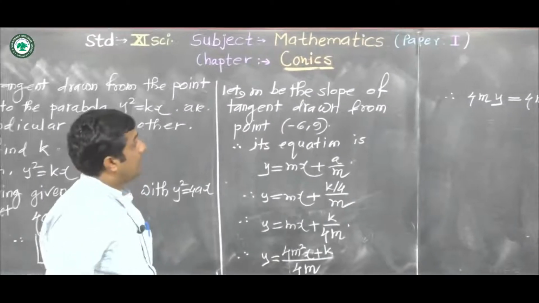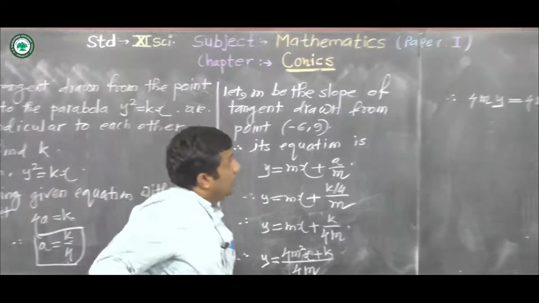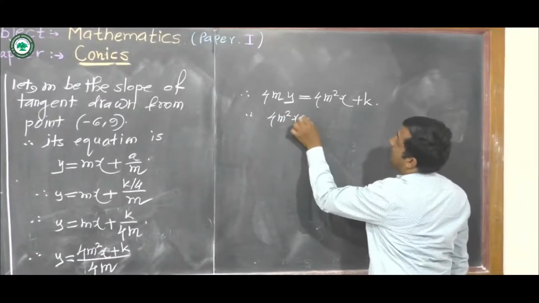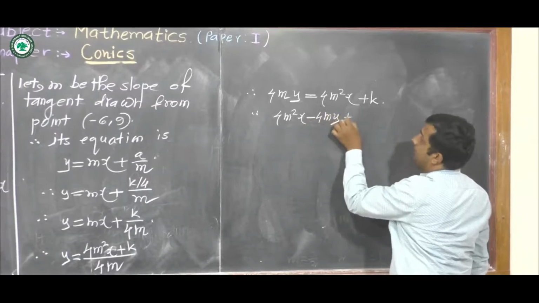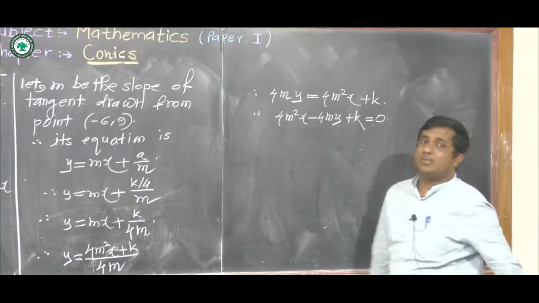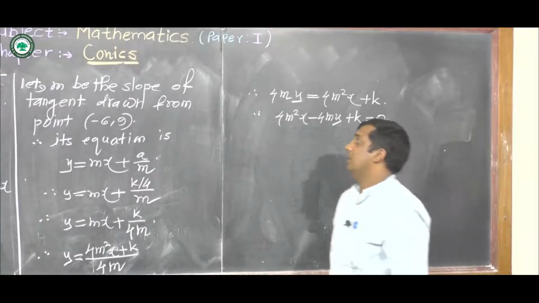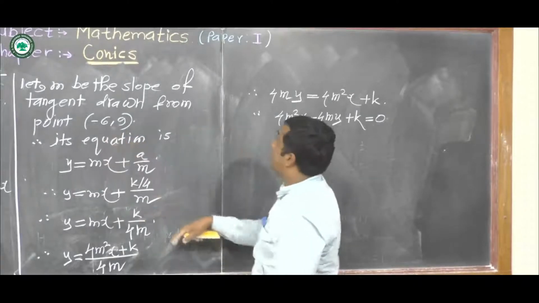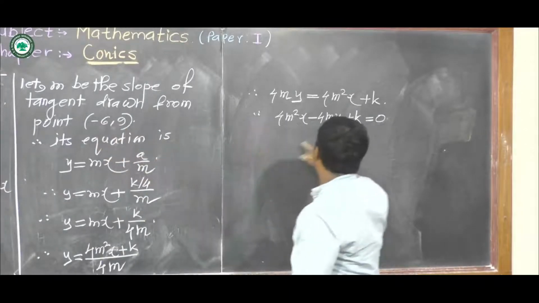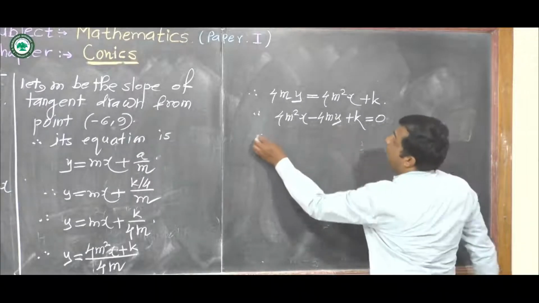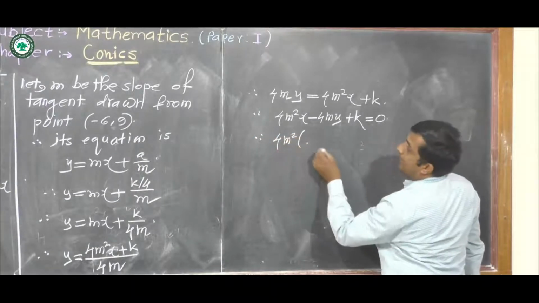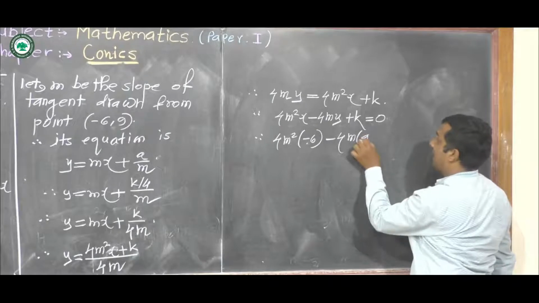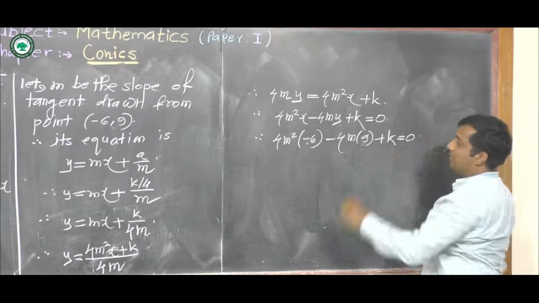Then we get 4m square x minus 4my plus k is equal to 0. Since our tangent passes through the point (minus 6, 9), we replace x by minus 6 and y by 9. So we get 4 into m square into minus 6, minus 4m into 9, plus k is equal to 0.